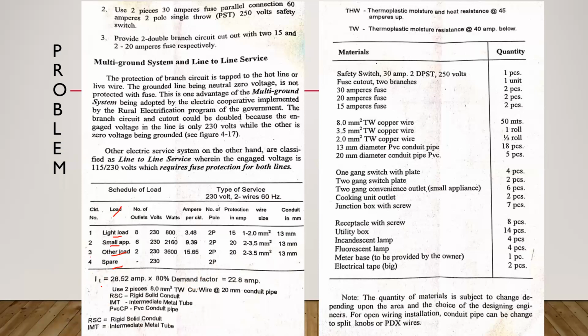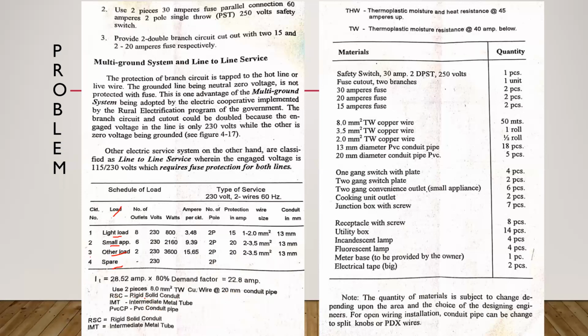For the total current load, meron tayong 28.2 amperes. With the 80% demand factors, meron tayong the rated value na 22.8 amperes. So thus, we will use 2 pieces ng ating minimum. Diba? Minimum na ating service entrance is 8 mm or number 8 copper wire or conductor wire at 20 mm conduit type. So this type of material depende na to sa ating designer.